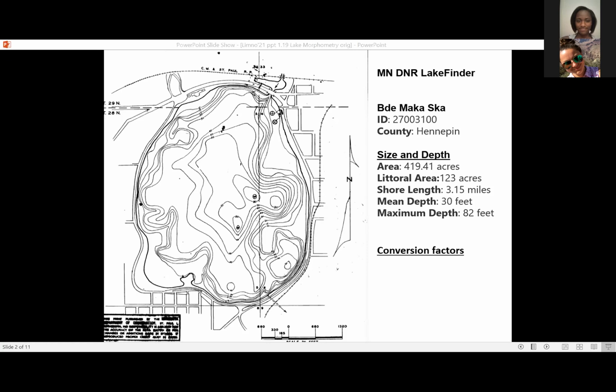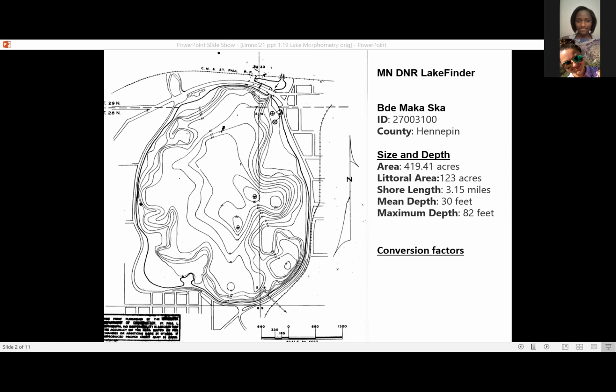You can convert these units on your own, or you can watch me do it, whatever makes you happy. So the area for this lake is 419.41 acres. I really like red, so I'm going to switch colors here.